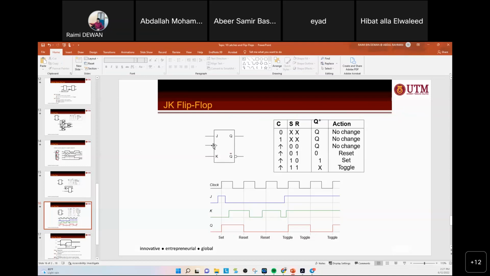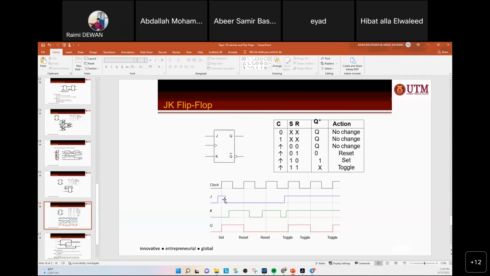So don't always limit your concept, because the lecture slide always uses positive edge trigger. Maybe in the exam you will get a question with a negative edge trigger instead. So instead of looking at this, you should be looking at the falling edge. Make sure you don't assume it's always positive edge trigger. The question can twist a bit.